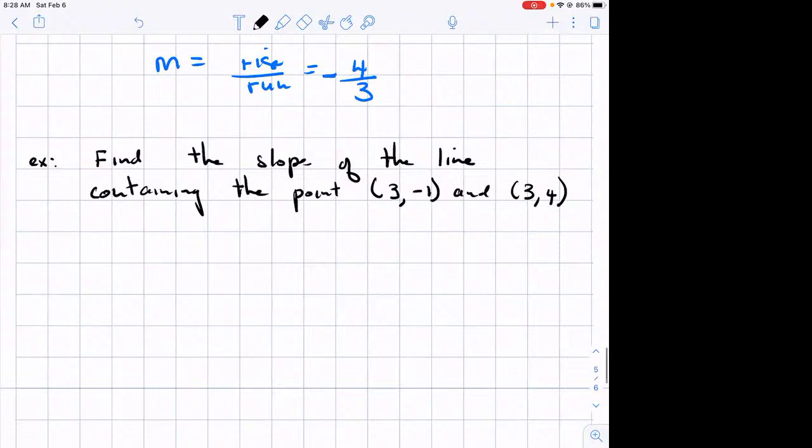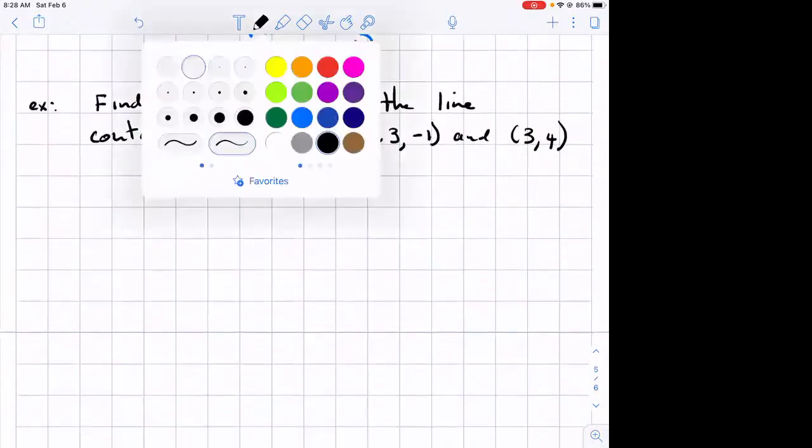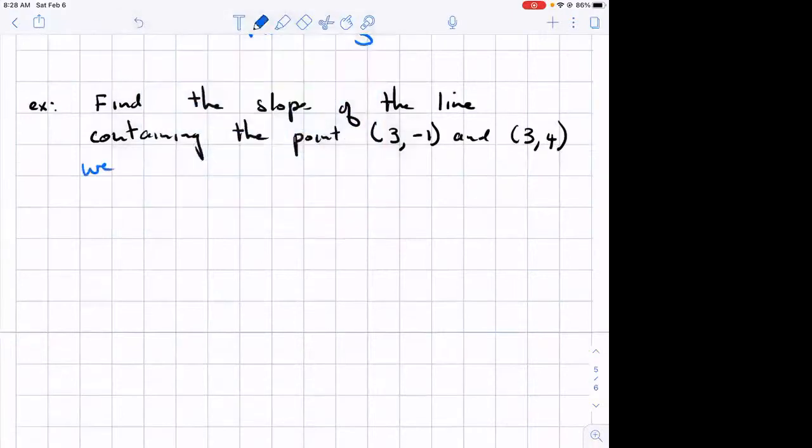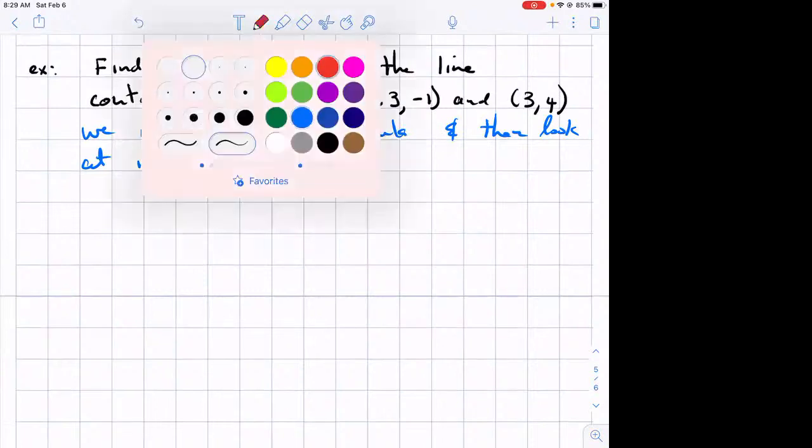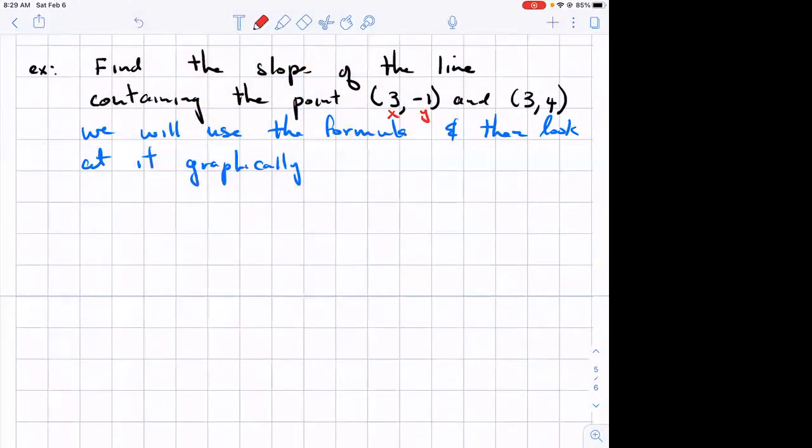We will first use the formula and then look at it graphically. So we have 2 points, and this is x and y. I'll call them x1, y1, x2, y2.